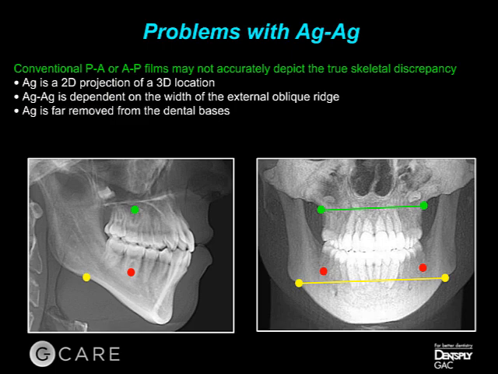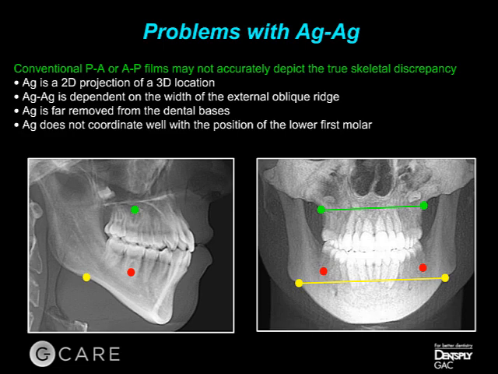Also, this is very far removed from the dental base. Unlike MXMX, which is really close to the dental base, AGAG is somewhat far away. And while MX correlates well with the position of the first molar, AG really doesn't correlate with anything. So it's really difficult to have a good relationship between these two.